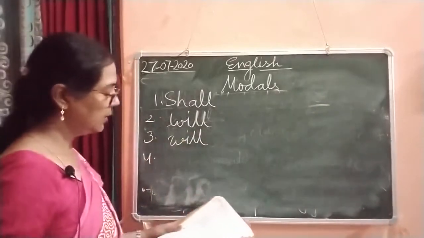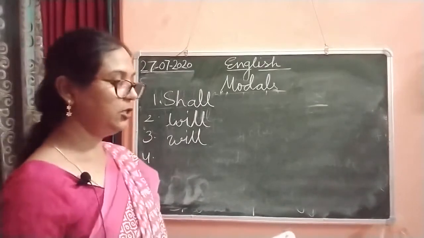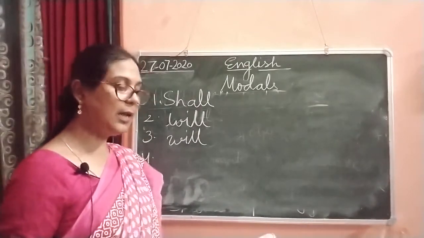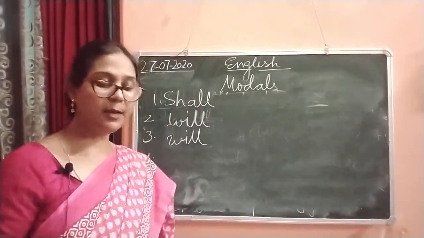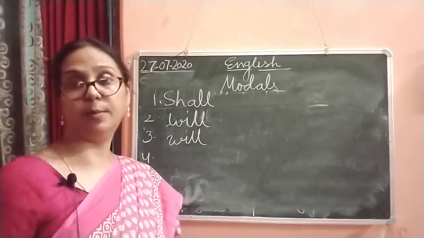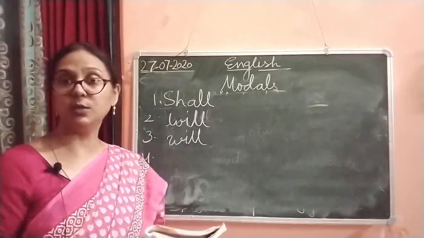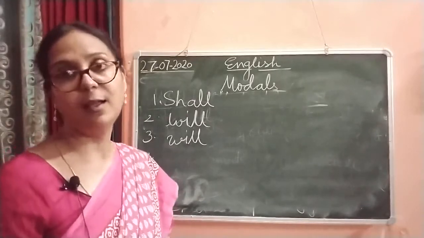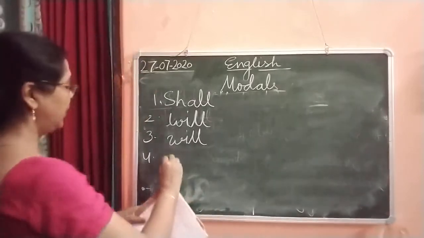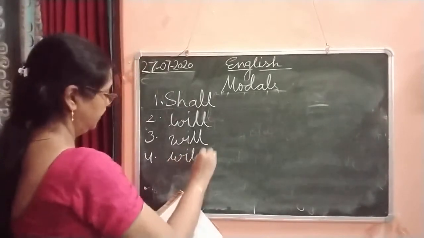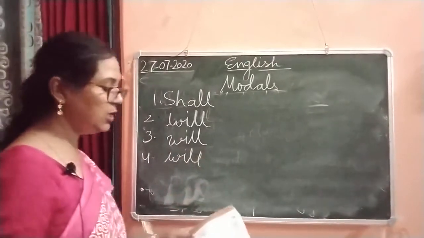Fourth: the child is a genius. He dash become a great scientist when he grows up. Now here we are doing prediction, and in prediction, as you all know, we are using will. So now we are going to write will. The child is a genius.